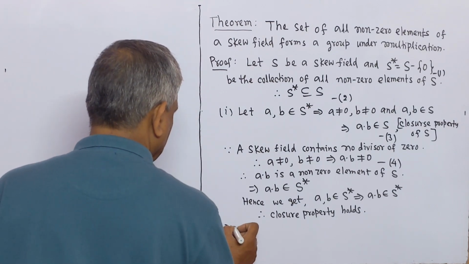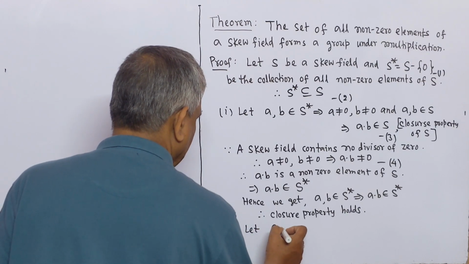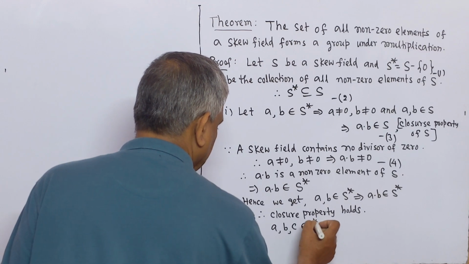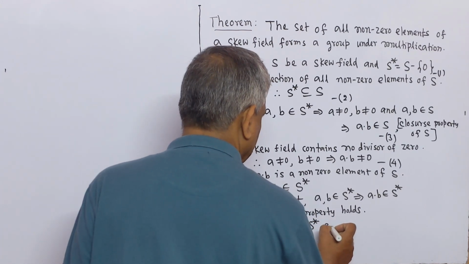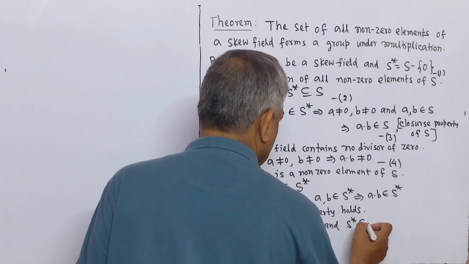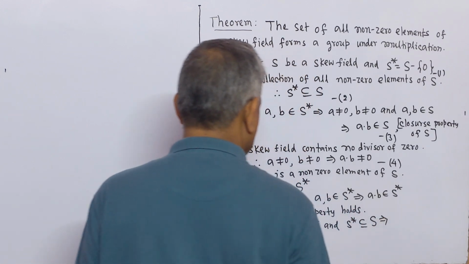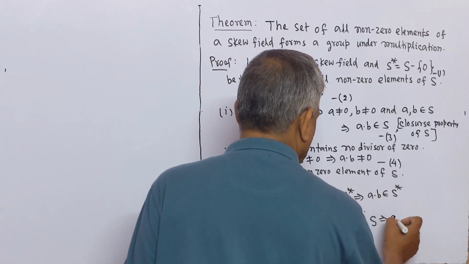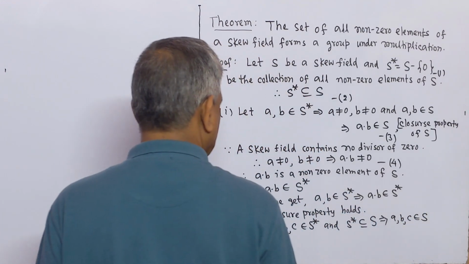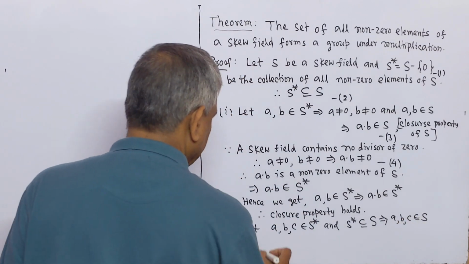Number 2. Let A, B, C belong to S star and S star is subset of S, implies that A, B, C belong to S and S is associative.